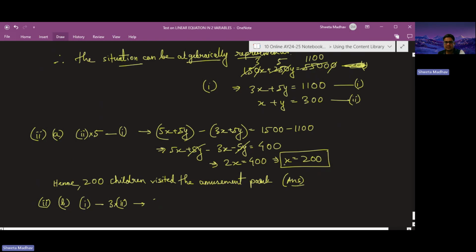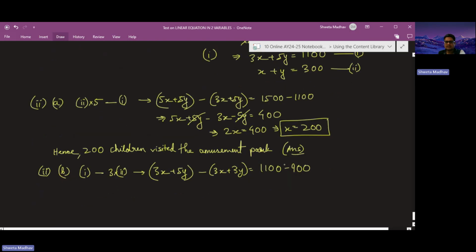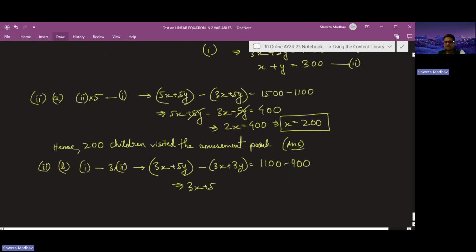Then we get 3x plus 5y minus 3x minus 3y equal to 1100 minus 900, which is 200. The 3x gets cancelled and we get 5y minus 3y is 2y. 2y is equal to 200, so y will be equal to 100.